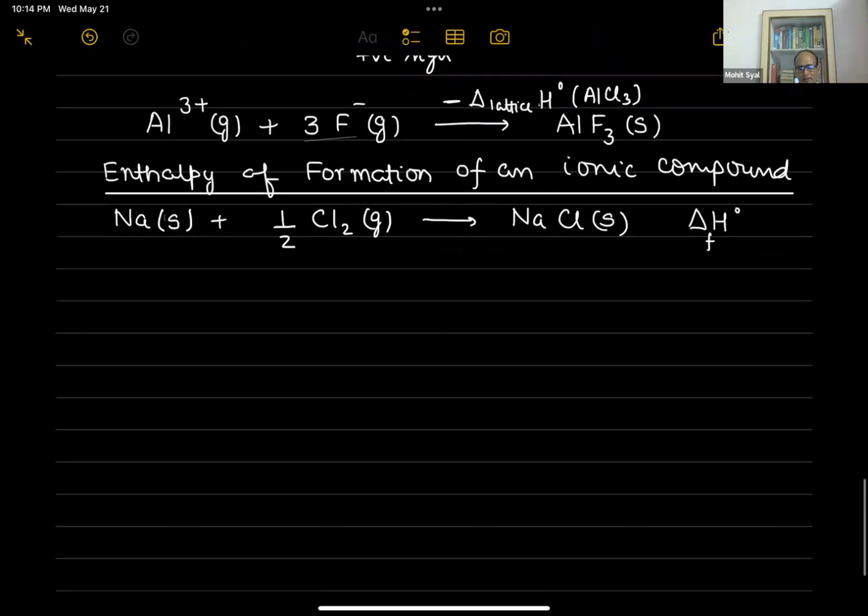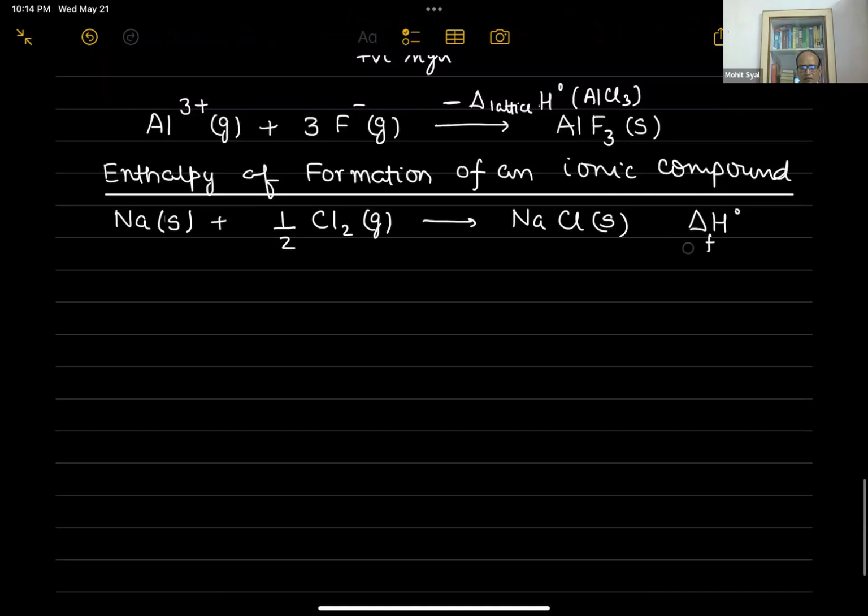So what I did is, this is the enthalpy of formation if I directly get them, and if I indirectly get them, I will first start with sodium solid and convert it into sodium gas. This is the enthalpy of sublimation of sodium. Is it clear?